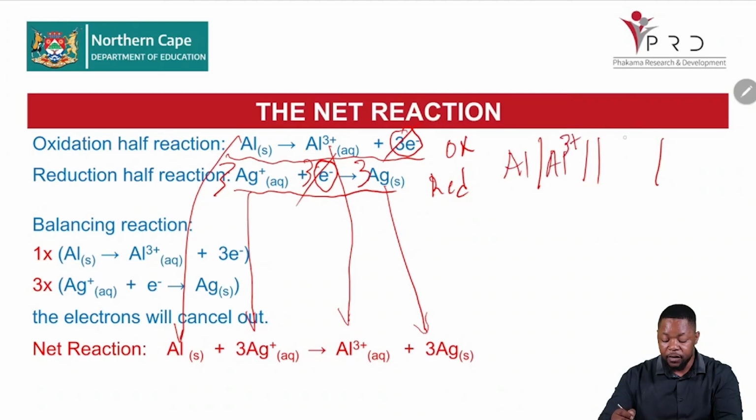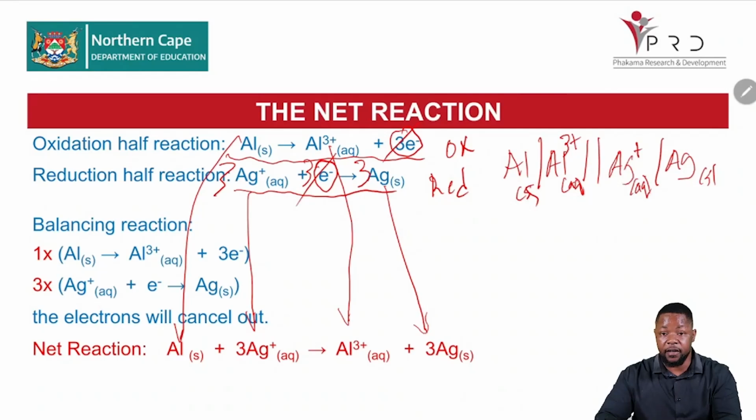And our silver is the one that undergoes reduction, and that will be Ag+, and then it will change phase to Ag. This is solid, this is aqueous, and that is solid.